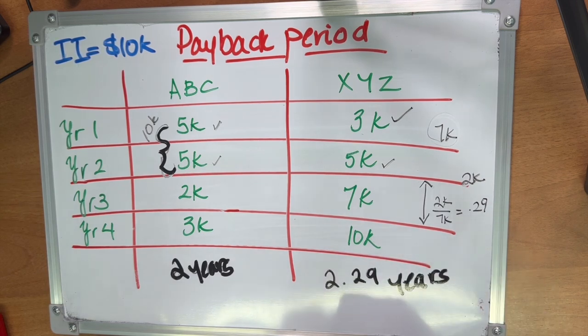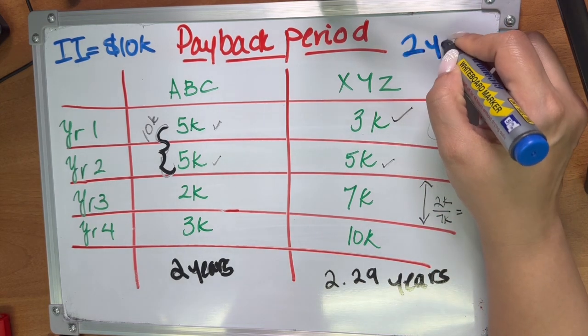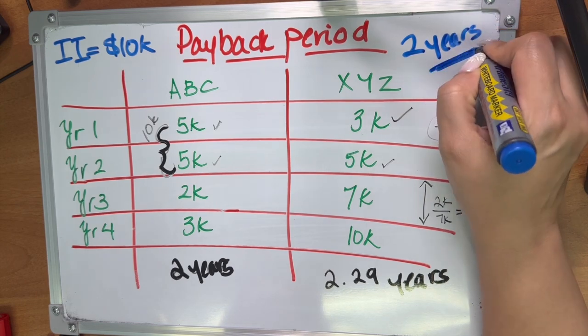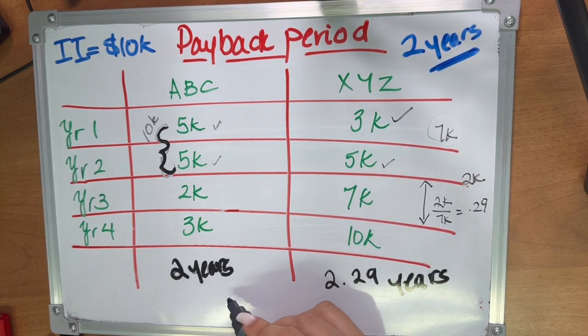This is how I will calculate the payback period. Now, if the projects are independent, and the company requires a payback period of 2 years, let's say the management decided the payback period is 2 years, I will only accept ABC.